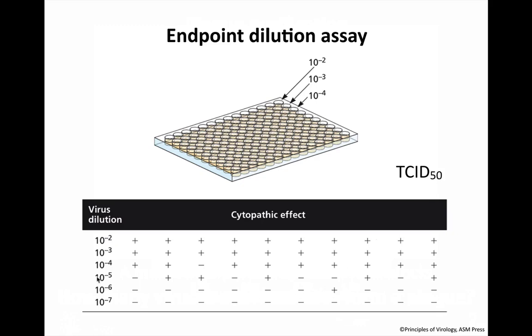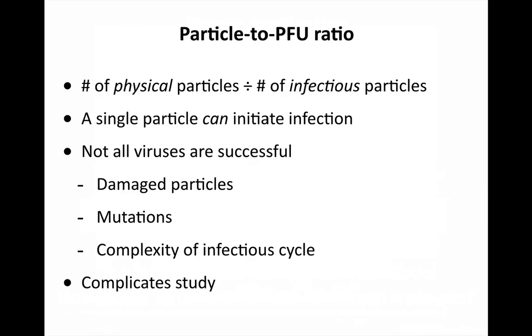And for this virus stock, it happens to fall on the 10 to the -5 dilution. It doesn't always fall right on a dilution, but you can use math to extrapolate interdilution amounts. So here we would say that this virus stock contains 10 to the 5 or 100,000 TCID50s, and that's a kind of quantification that you'll see quite often in the virology literature.